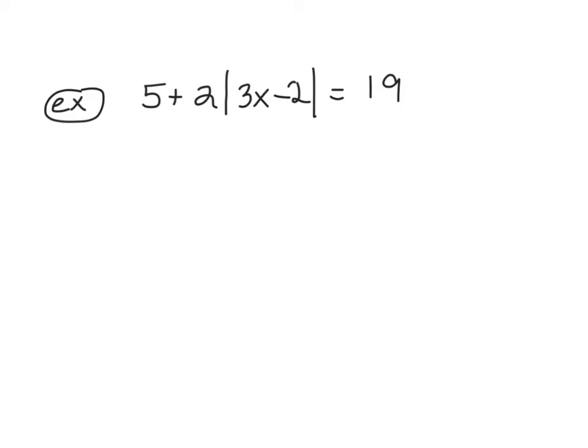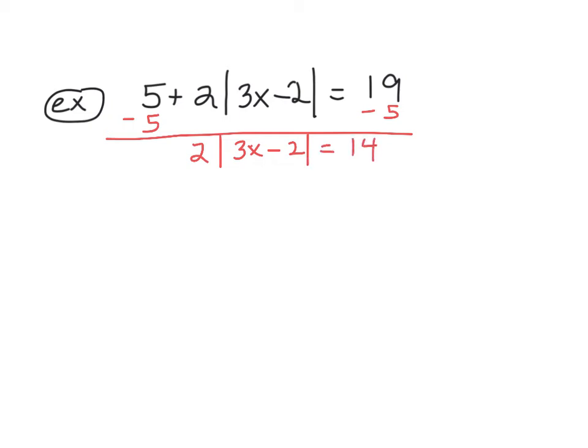Don't distribute first. So instead what we'll do is isolate the absolute value by subtracting 5 from both sides. I would have 2 times the absolute value of 3x minus 2 equals, that's 14. And now I'm going to divide by the 2. So my isolated absolute value is the absolute value of 3x minus 2 is equal to 7.